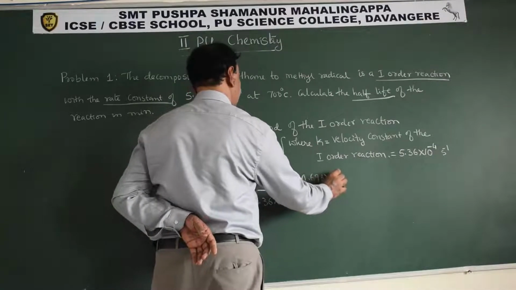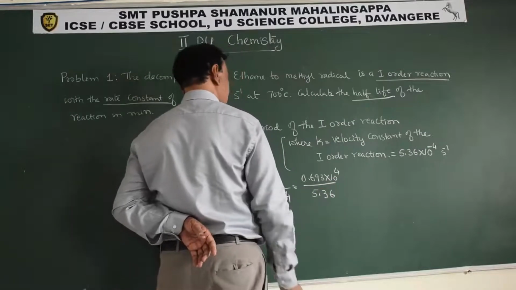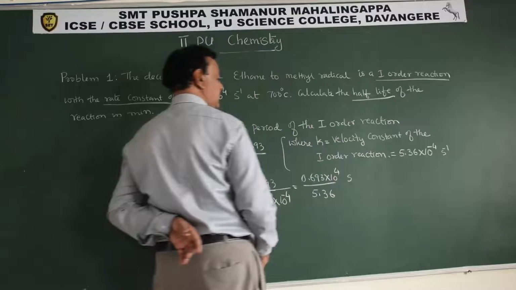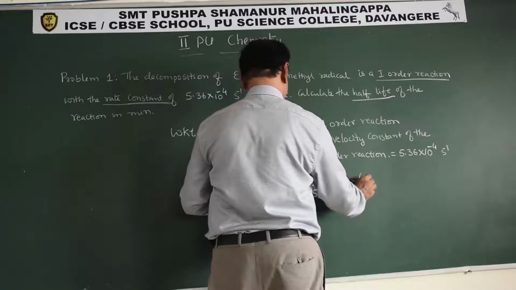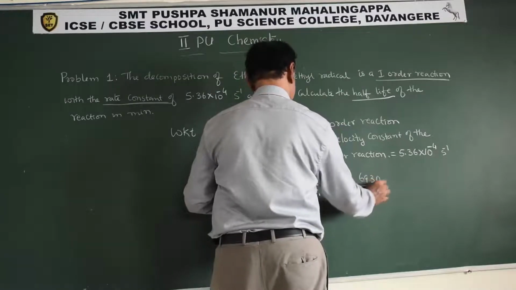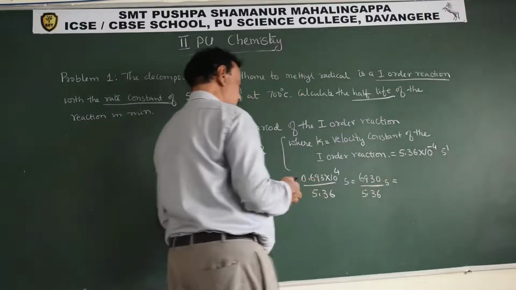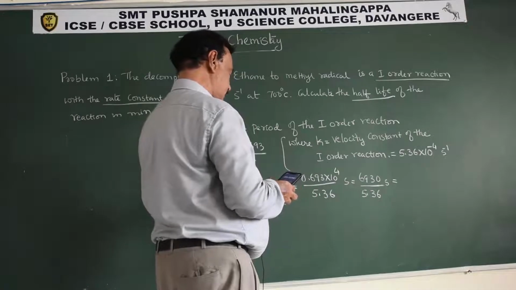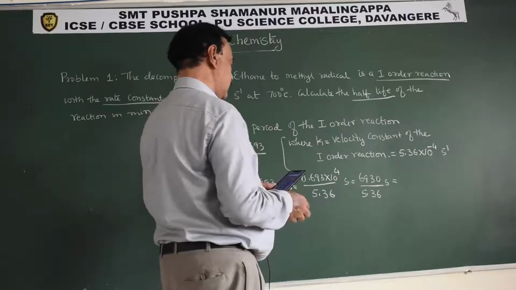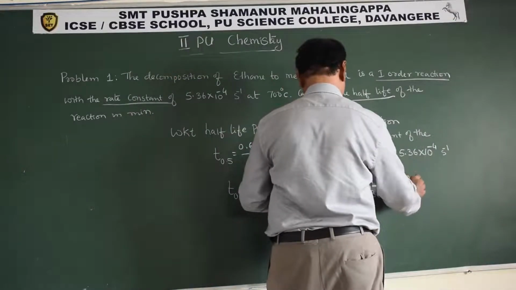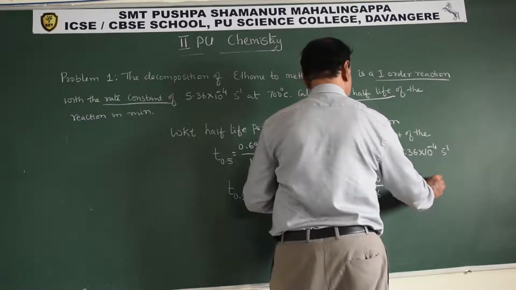So 0.693 times 10 to the power of 4 divided by 5.36, that is in seconds, approximately 1292 seconds.